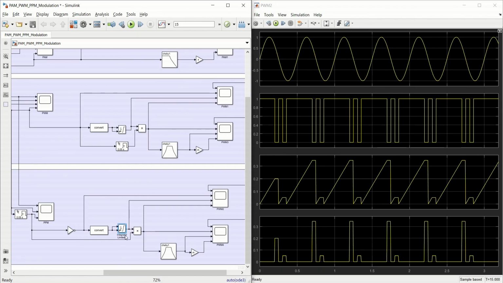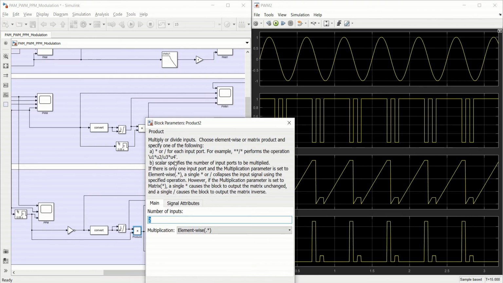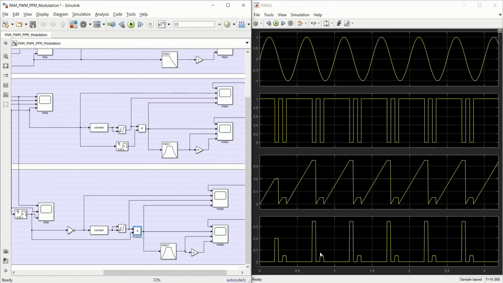So the output of this integrator block, this third waveform, is then multiplied with this PPM signal. So we take this pulse position modulated signal and multiply it with this waveform, and eventually we would have this fourth waveform which is over here. So at the output of this product, with two inputs, we have this waveform.